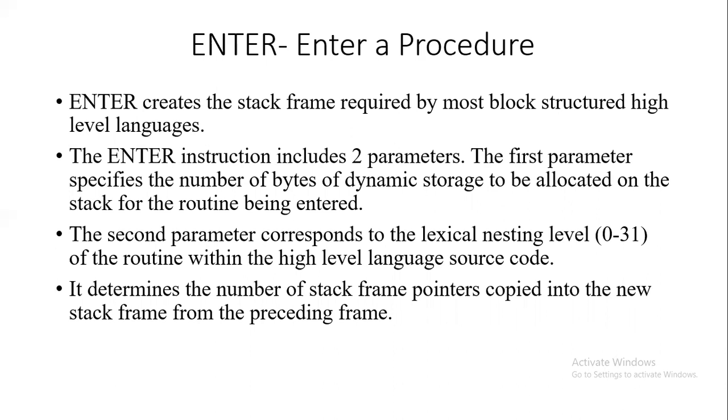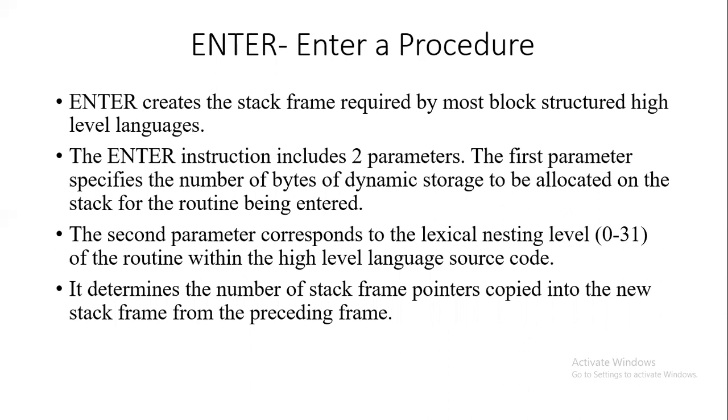Now the second point, the enter instruction includes two parameters. What are these two parameters? The first parameter specifies the number of bytes of dynamic storage. Dynamic storage means the storage that is going to be allocated at runtime, okay, and that is to be allocated on the stack for the routine being created.